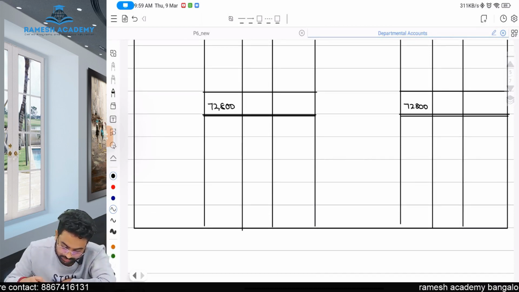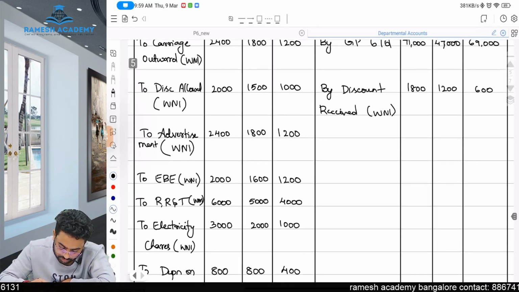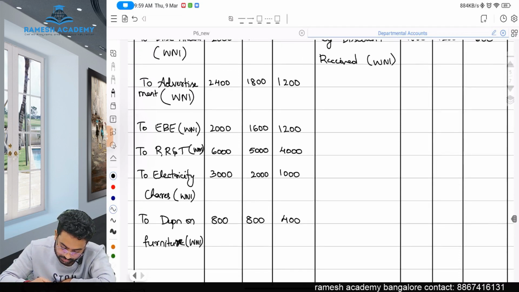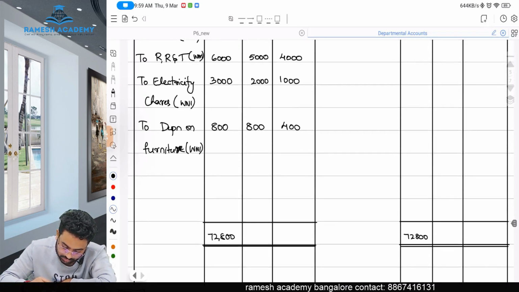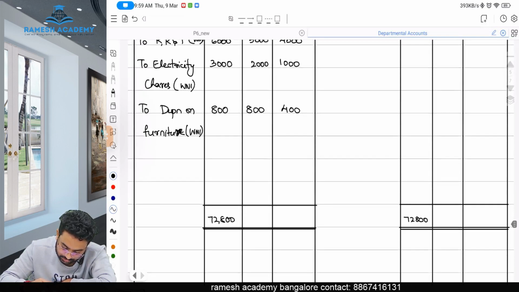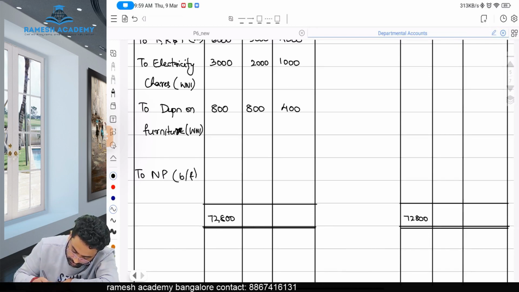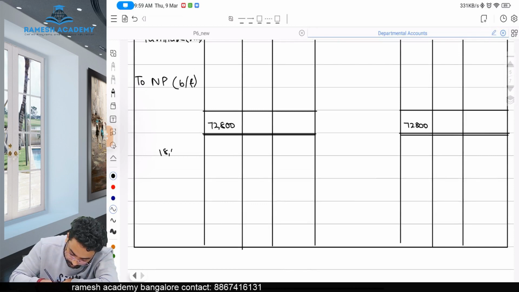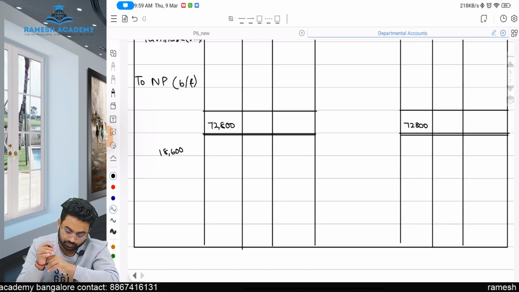Let's check the debit side. 2,400, 4,400, 4,800, 6,800, 8,800, 14,800, 17,800, 18,600. So net profit. It is 18,600, no? Which means 1,400, 1,400 plus 52,800, 53,200, 54,200.